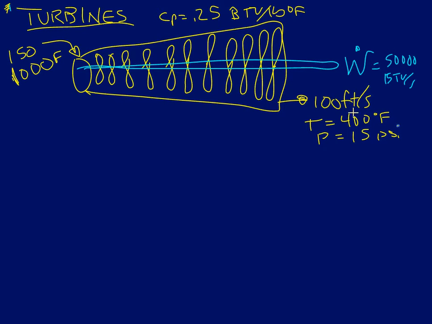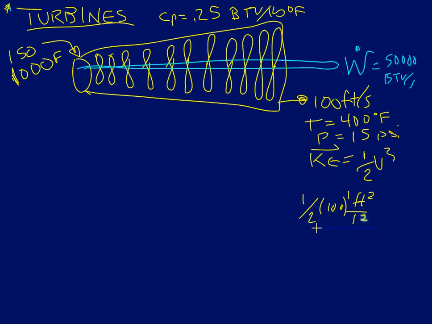First of all, I want to introduce this idea of kinetic energy per mass. So let's calculate that coming out of the turbine, kinetic energy per mass, and we'll call that KE bar. Put a little bar over that to indicate it's per pound. KE bar is equal to 1/2 V squared, and that comes out to 1/2 times 100 squared, feet squared per second squared.